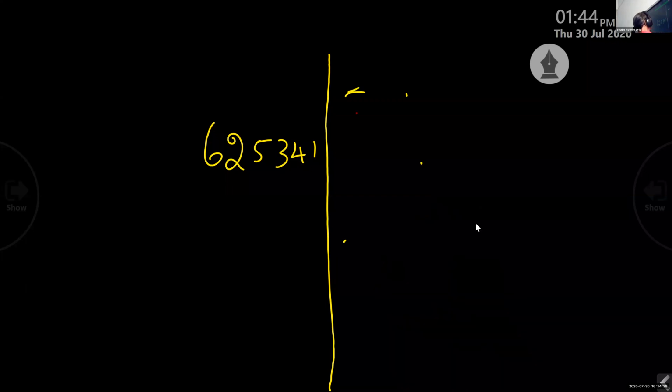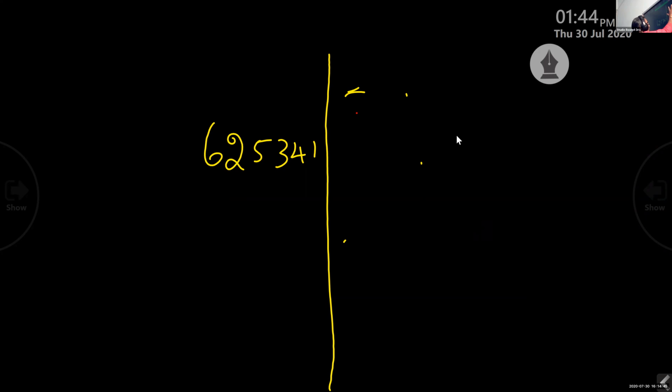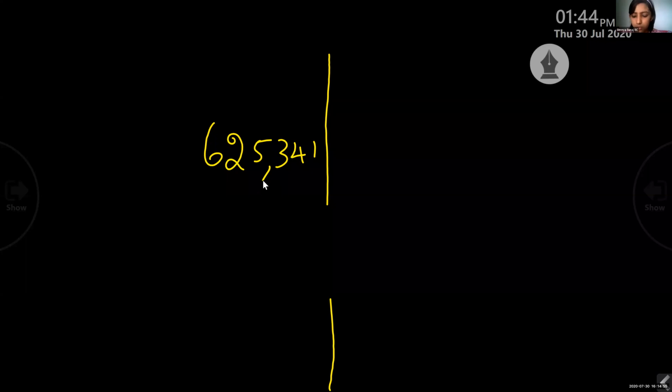Is it correct? Now, how will you insert commas? Angelina, how will you insert commas here? In the international system of numeration, you insert a comma after every 3 digits. Means one group 625.